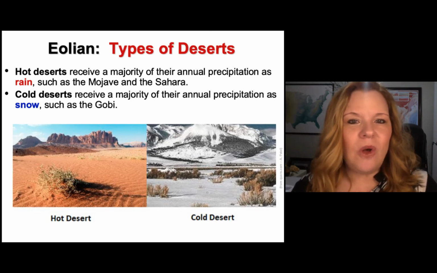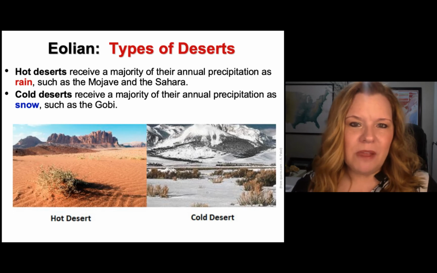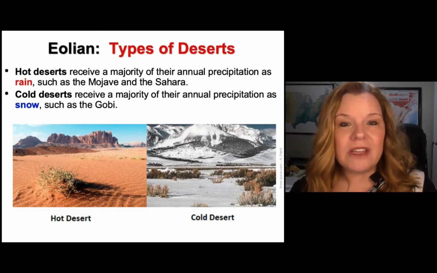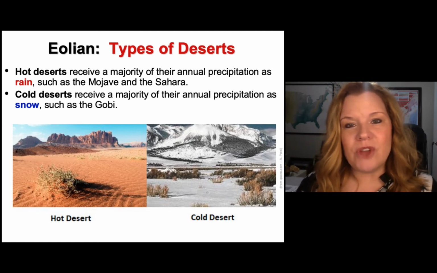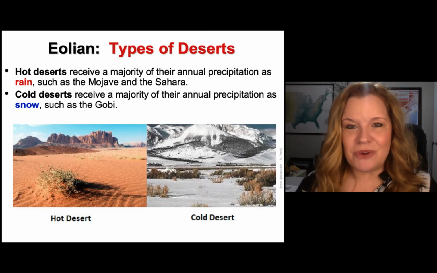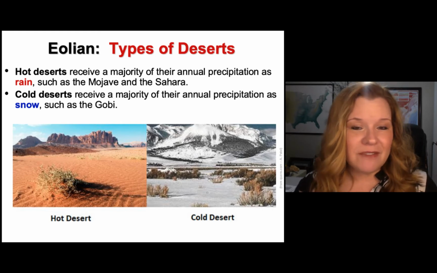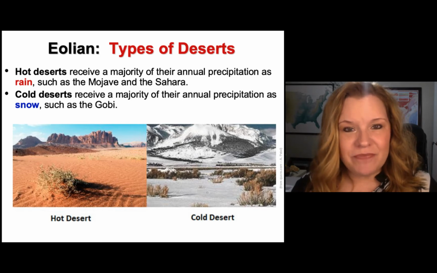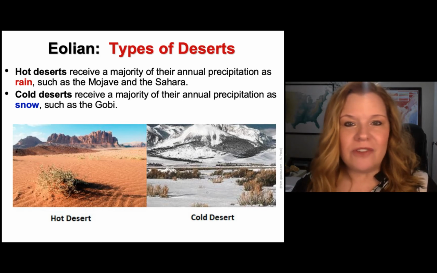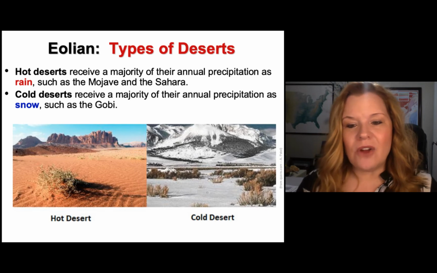When you're thinking cold deserts, these are places that are in higher elevation and typically receive a majority of their precipitation in the form of snow. But you have to think about the definition of a desert. It's receiving 25 centimeters or less of precipitation. That means it's going to be arid, there's going to be low humidity in the air.